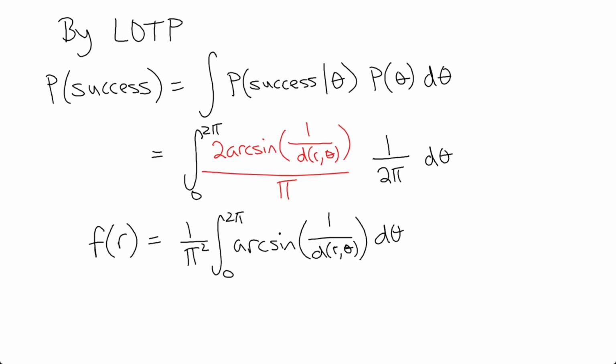I'll call it f of r, and I'm looking to minimize f, which means I should think about taking derivatives of this. What I would like is for f prime of r to be 0, which would make this particular value of r a min or a max, and I would like the second derivative of f to be positive.